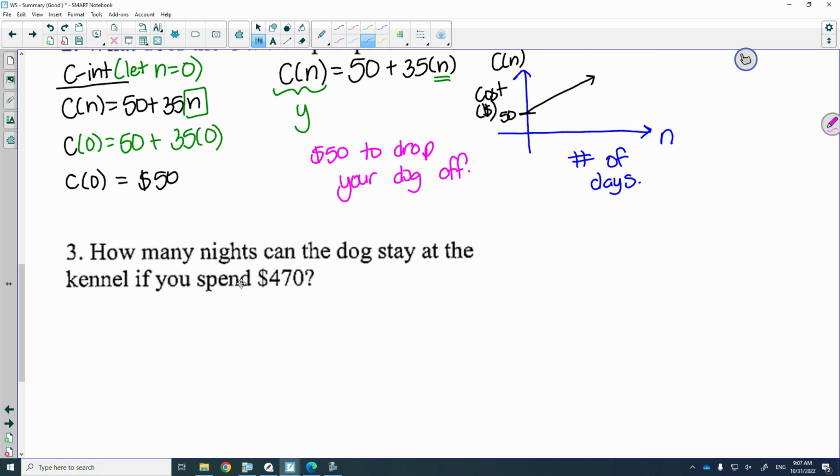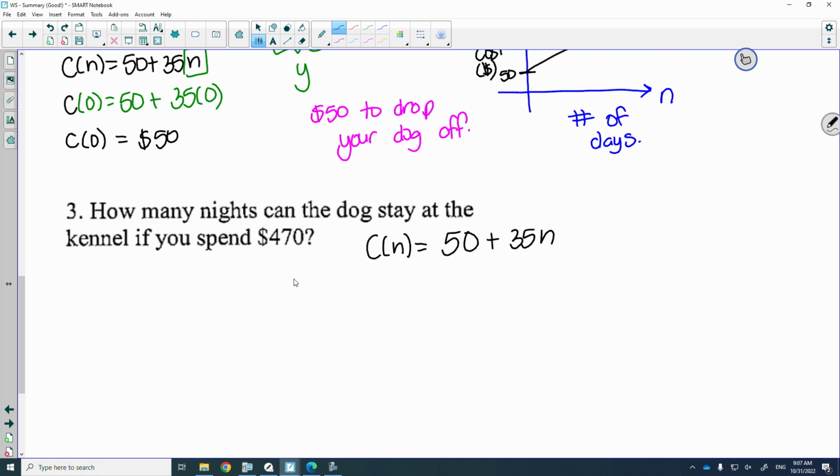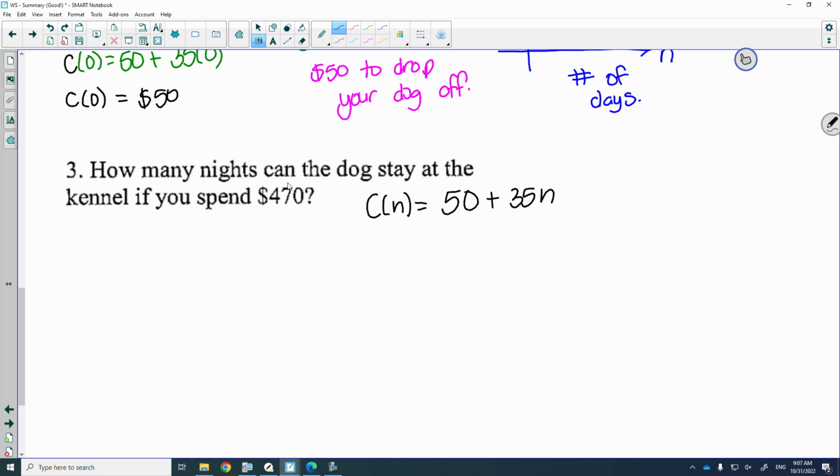Okay, see if you could calculate this. Let's write what the formula is. C of n equals, it was 50 plus 35n. How many nights can the dog stay if you spend 470? Emmanuel, where are you putting the 470?